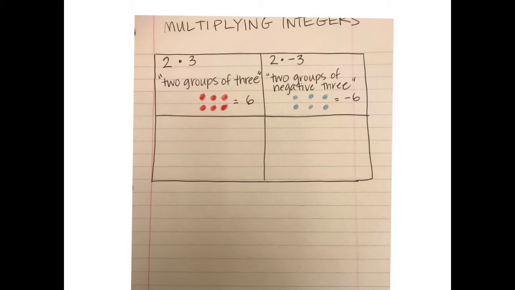If I were going to draw that with my floats and anchors, because I had 2 groups of negative 3, I would take my blue, or my anchors, and list 1 group of 3, 1, 2, 3, and a second group of 3, 1, 2, 3, which would give me a total of negative 6, or 6 anchors.